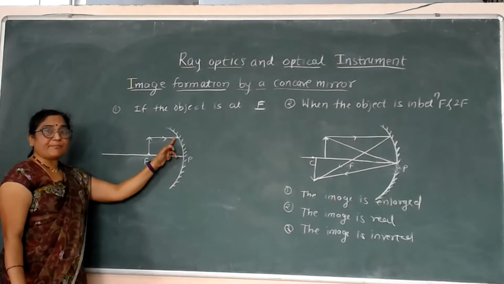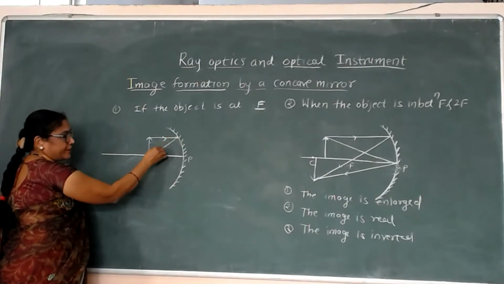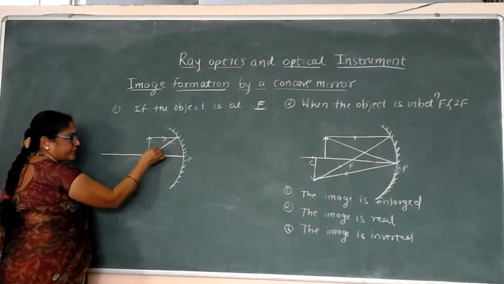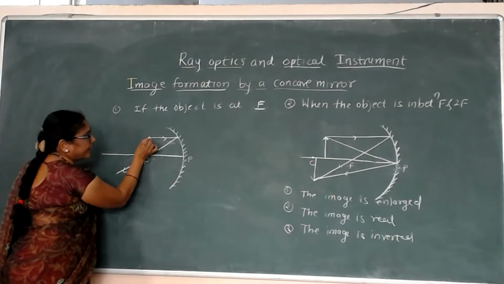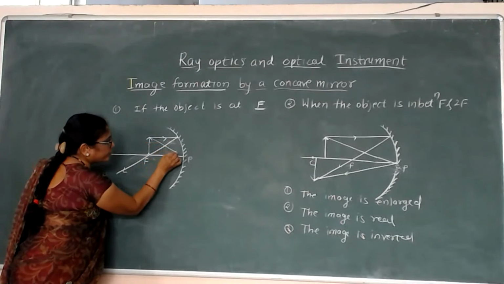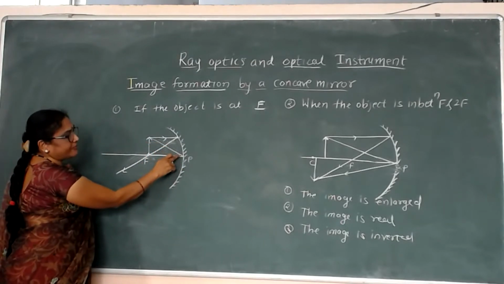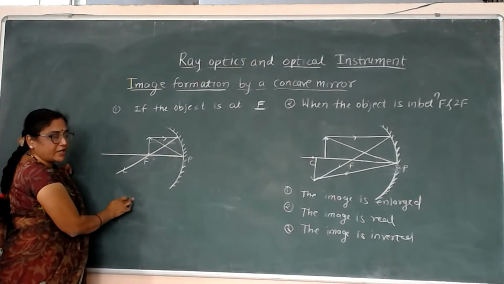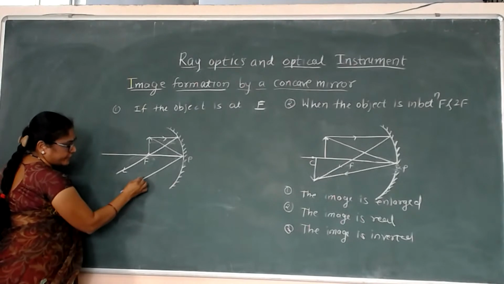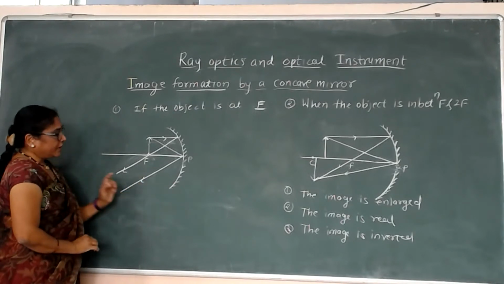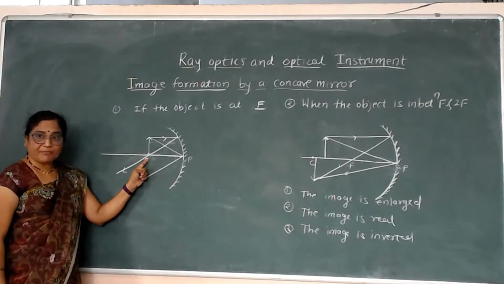So the ray of light is passing from the principal focus. So this is the ray which is passing from the principal focus. Take another ray of light which is incident on the pole. Again, applying the laws of reflection, the angle of incidence and angle of reflection both are same. So the reflected ray is moving in this direction. So this type of image is formed when the object is at the principal focus.